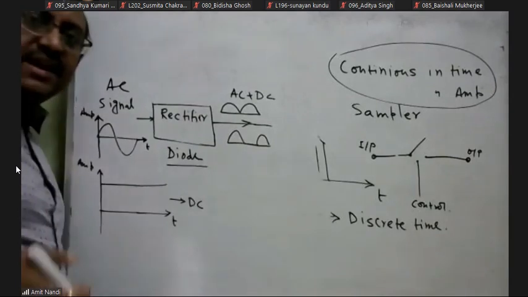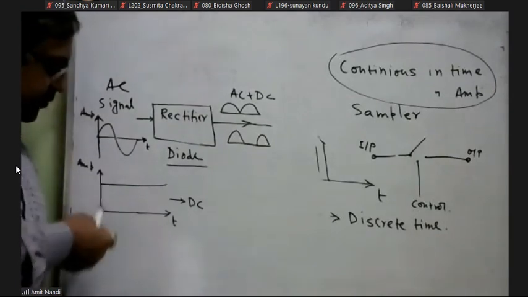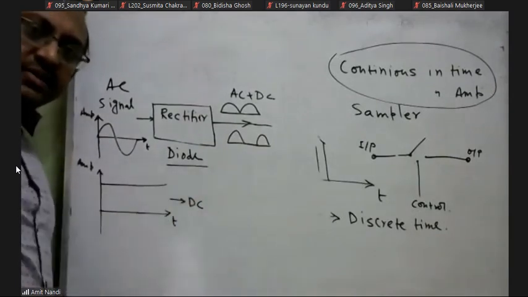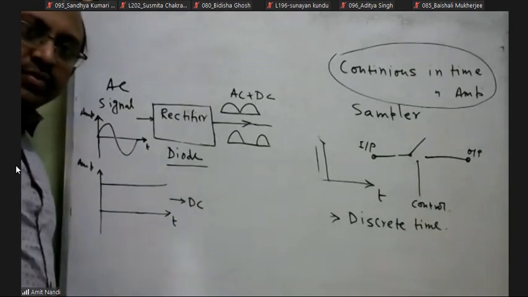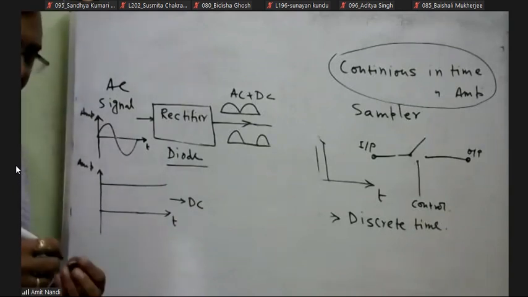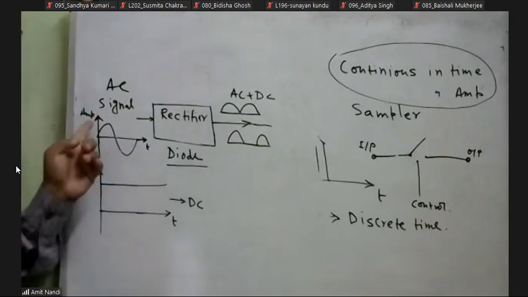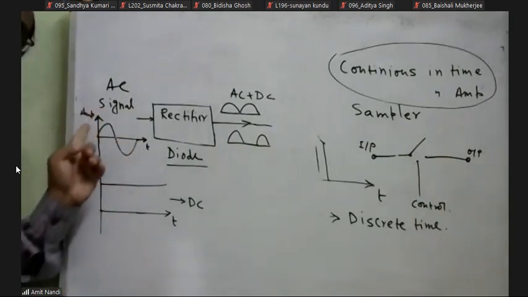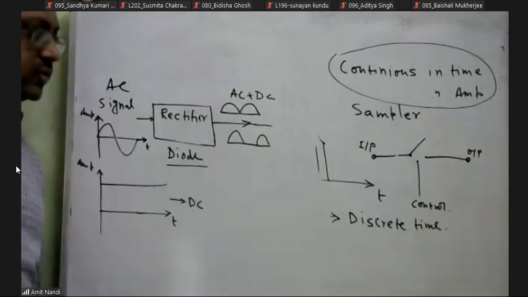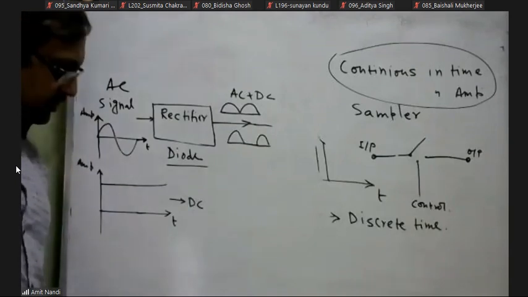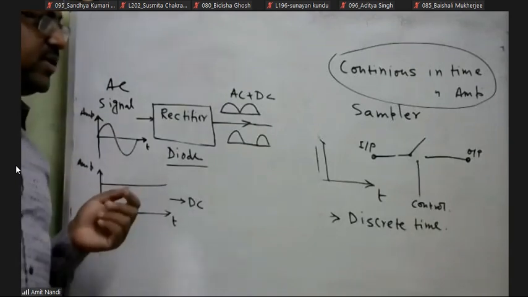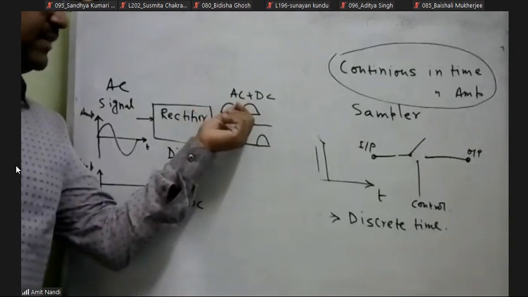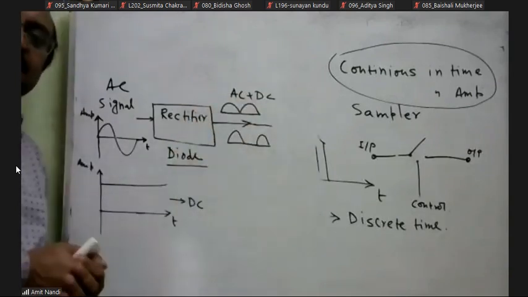So pure DC signal means it provides a constant signal with respect to time; its amplitude cannot change. But in an AC signal, the amplitude can change with respect to time. So it will provide some pulsating DC signal, AC plus DC.